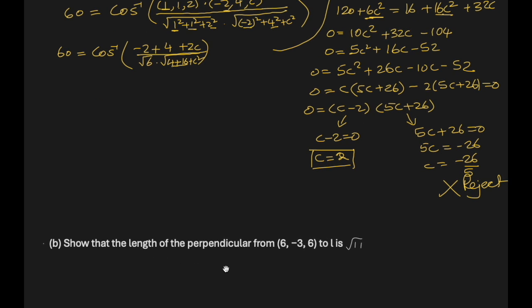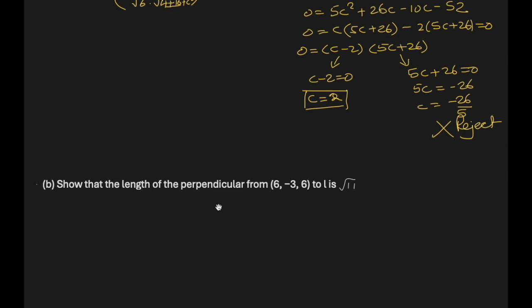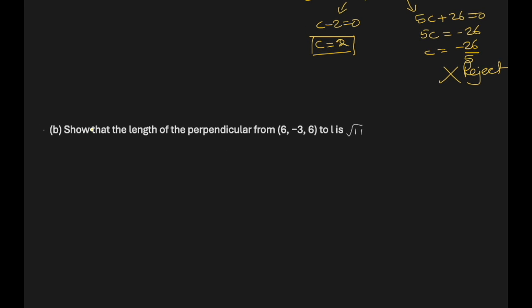Okay, B part. Show that the length of the perpendicular from (6, -3, 6) is square root 11, and distance to which one? Length of the perpendicular from this point to L. So let's say that this is the (6, -3, 6) point, and this is the line L. The angle between them is 90 degrees.